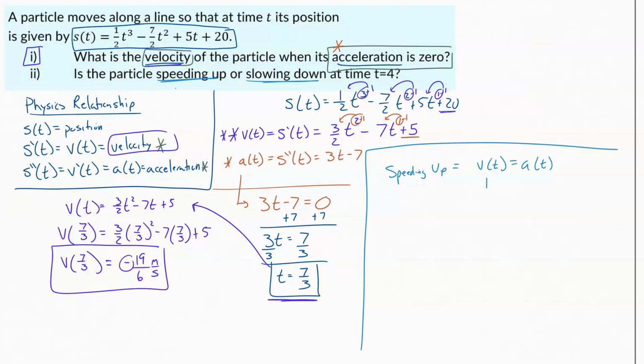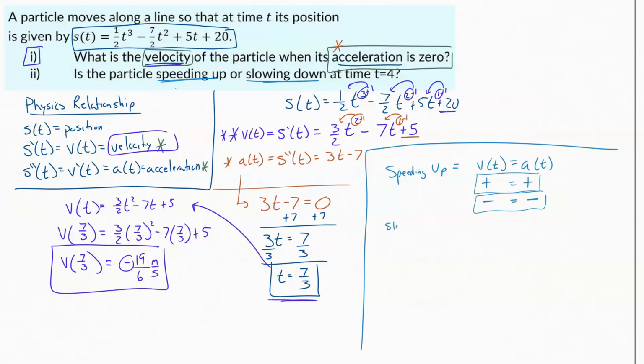So if the velocity is positive and the acceleration is positive, that tells us it's speeding up. If the velocity is negative and the acceleration is negative at that point, that tells us again that it's speeding up. Because remember, the positives and negatives are just telling us direction. So speeding up going backwards looks like negative, negative. Speeding up going forwards looks like positive, positive.